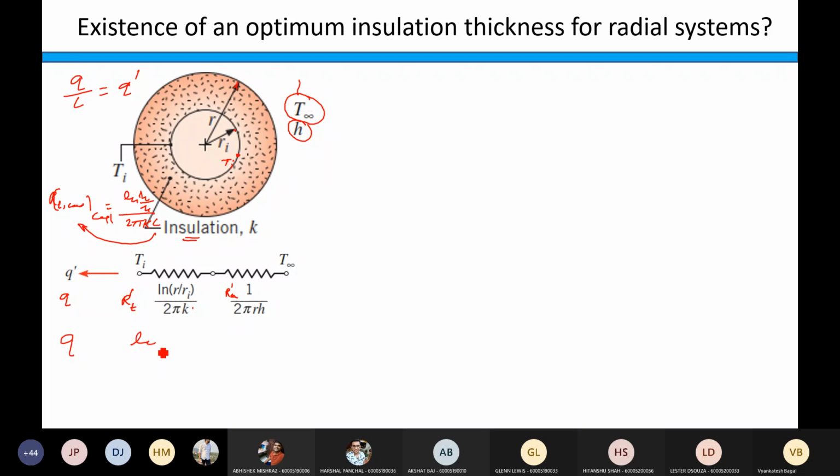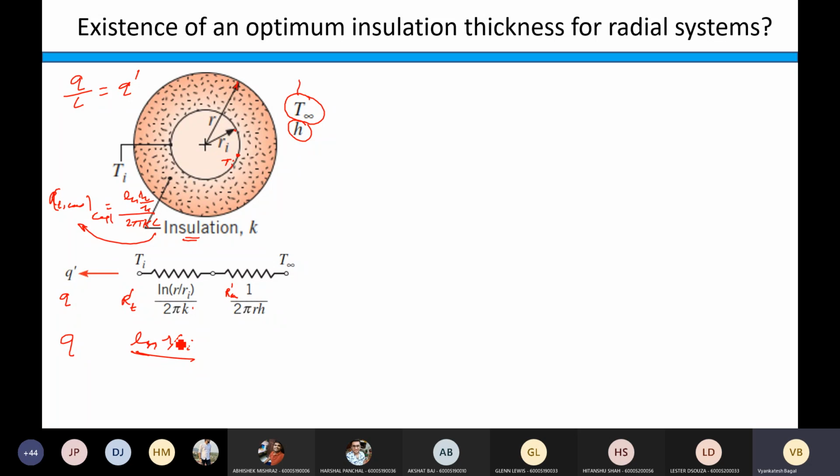Here heat is coming inside, so that's why the symbol is shown here. So ln r by ri divided by 2 pi k L. The sign convention doesn't make any difference right now.